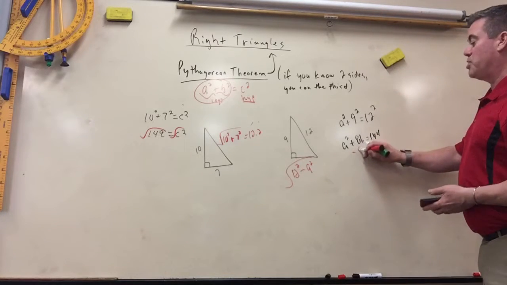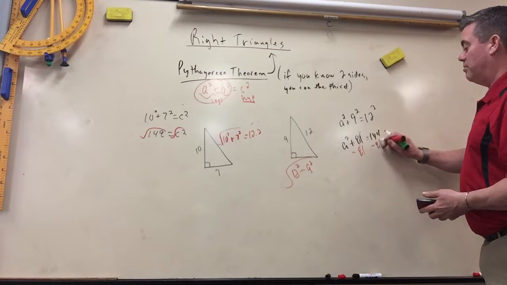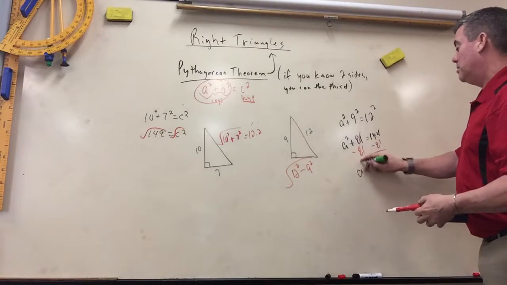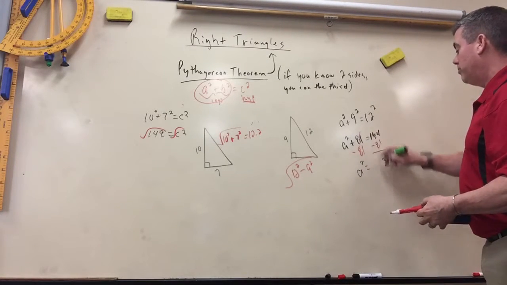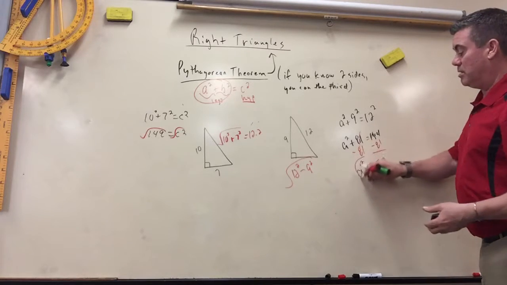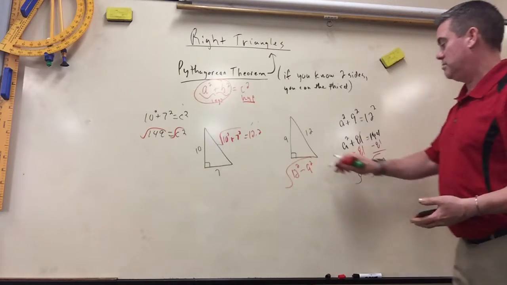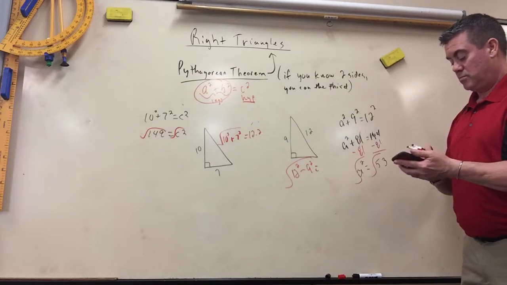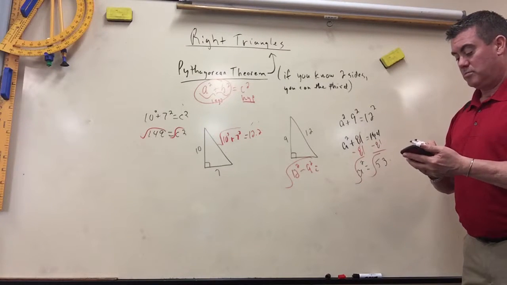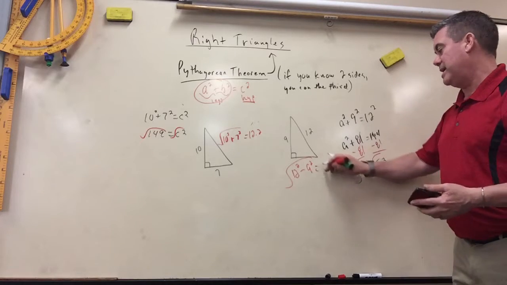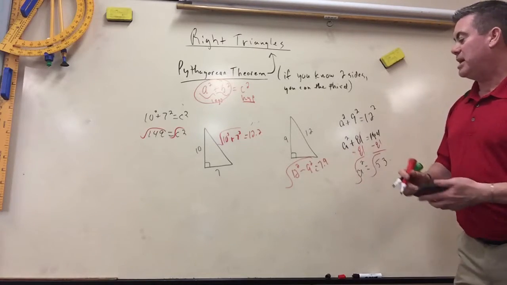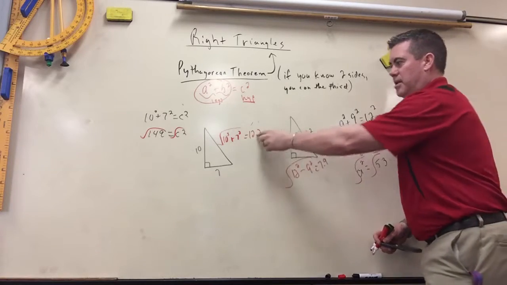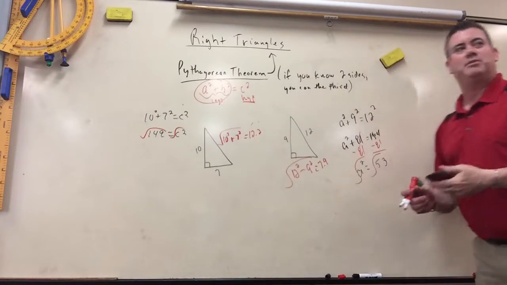So I would subtract 81 to get rid of it, and that's what I'm doing here, 12 squared minus 9 squared. And then the last thing you do is square root. And that's 7.9. So again, the hypotenuse is the longest, so I probably did it right.